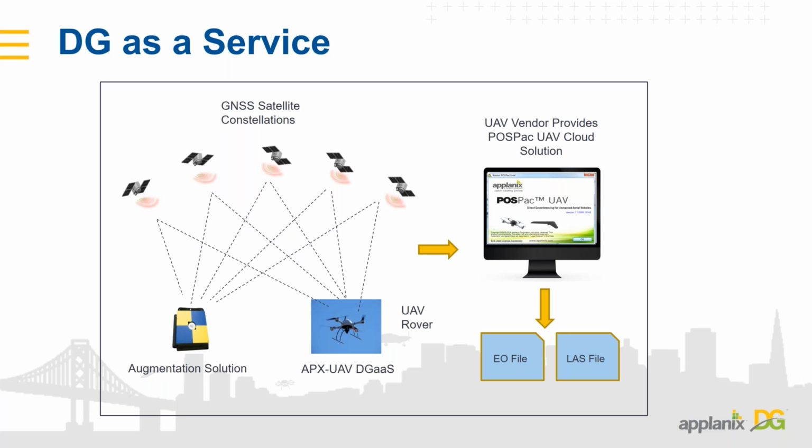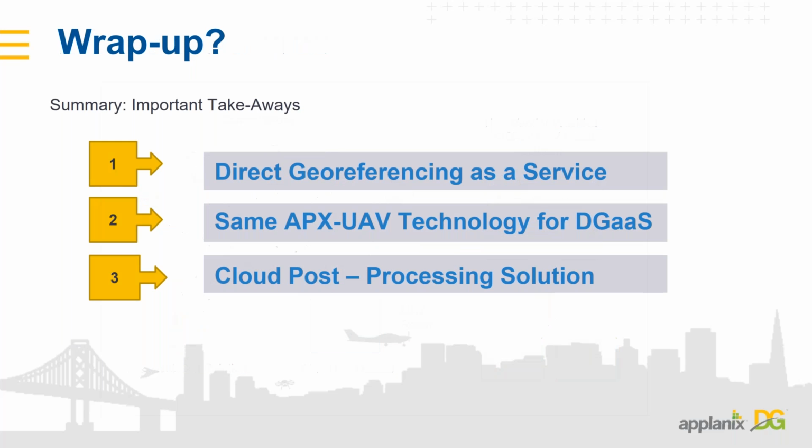And the output for that is basically an external orientation file, an SBET file, or a LAS file for any kind of point cloud processing. These output files are standard files. You can take them into any number of third-party applications to generate your information products. So that's kind of how it all works and how it all comes together.